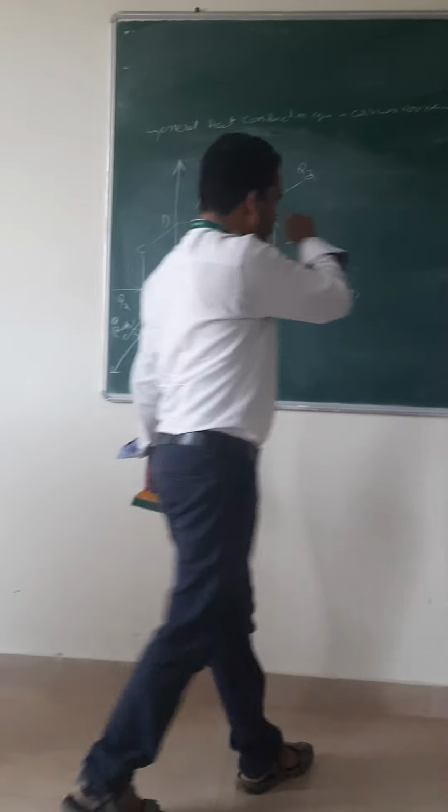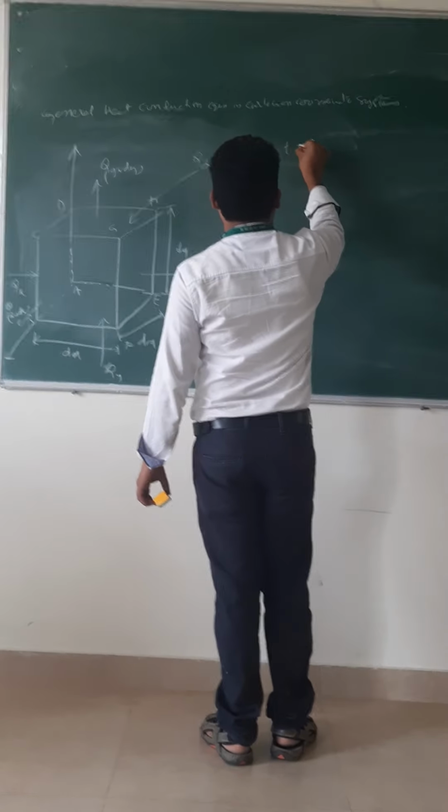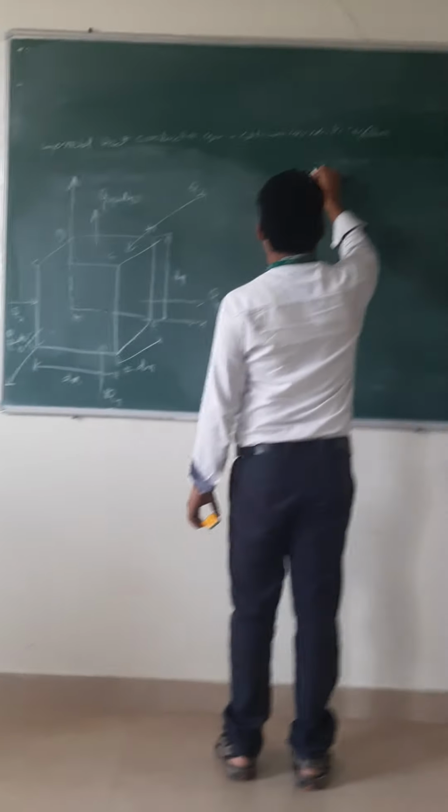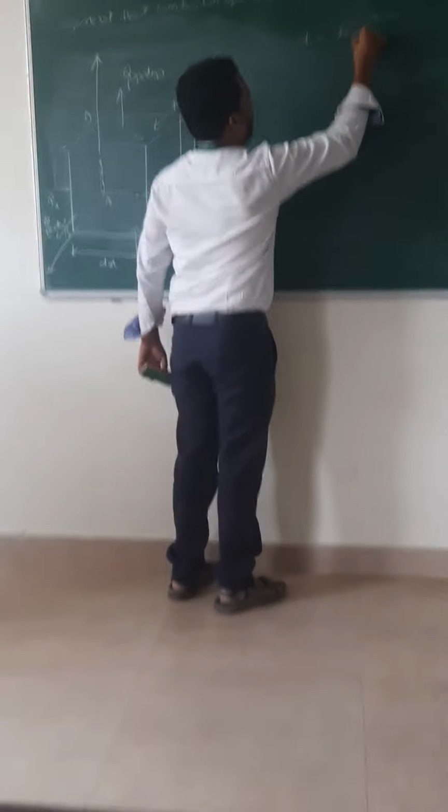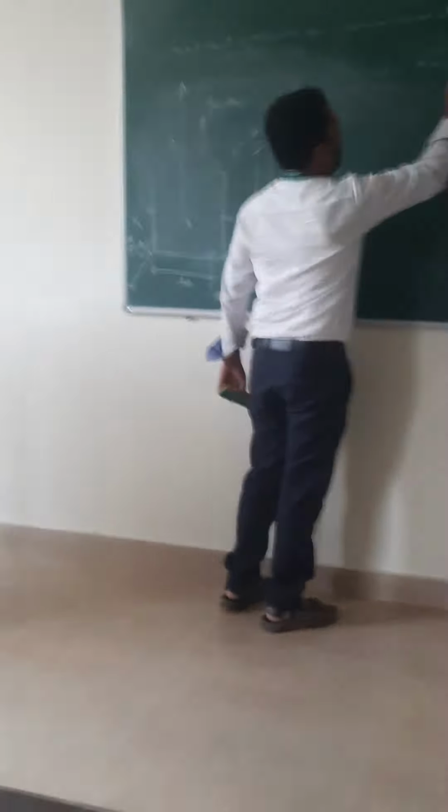Next, the temperature of the face ABCD is T. dT by dx is the change of temperature in the x direction.